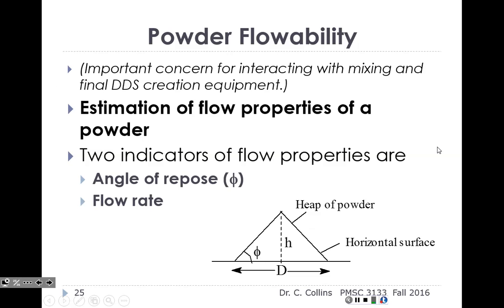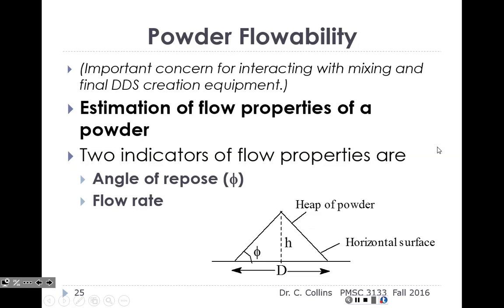So we'll back up for a second. If this is where the powder flowed to, this line down here, and we have a nice pile of powder, in this case shaped sort of like a pyramid, it would be more like part of an upside down cone because it's three-dimensional. Then this angle between the sides and here, that's your angle of repose.